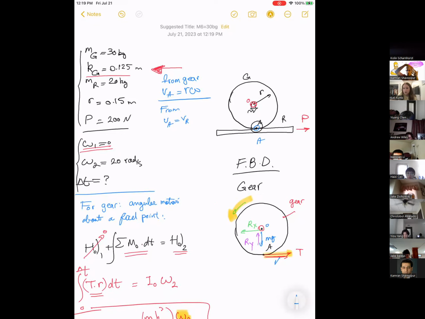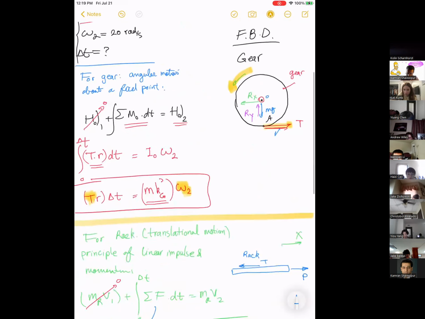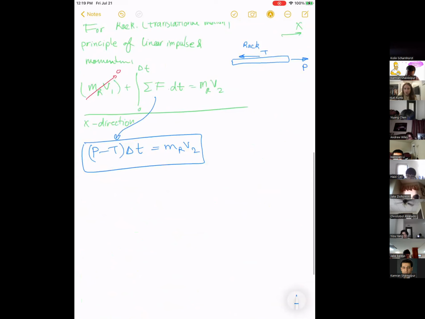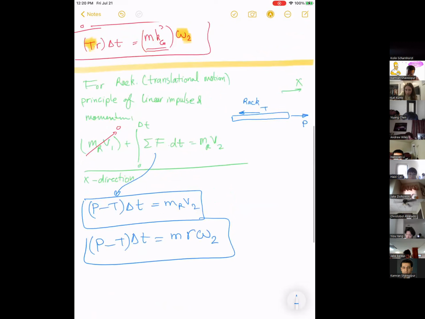There's no sliding. And therefore, because the rack moves forward and A belongs to both of them, you can write V rack is R omega. And if that's the case, I'm going to simplify this and write P minus T delta T equals M R omega 2.